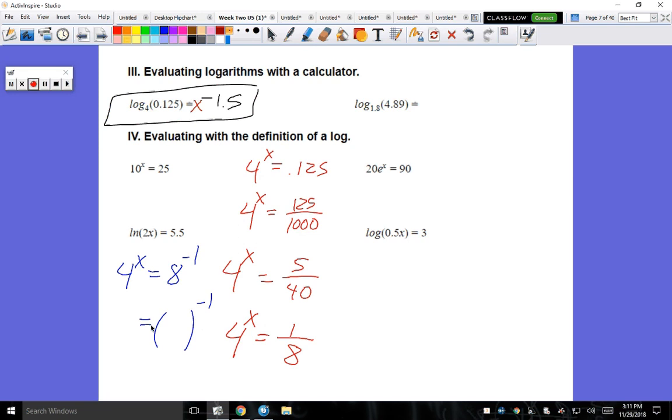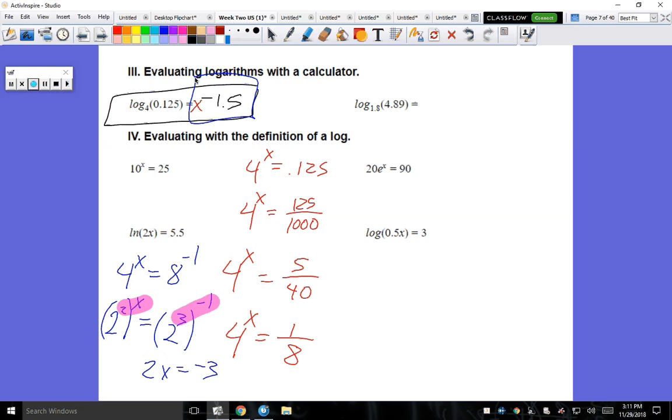No, not 4 squared, that's 16. 2 cubed. Do you see that? What am I going to do with 4? 2 squared. You see what I'm doing, guys? So that I get, and nicely done by the way, 2x is equal to what? Negative 3. So negative 3/2 is negative 1.5.